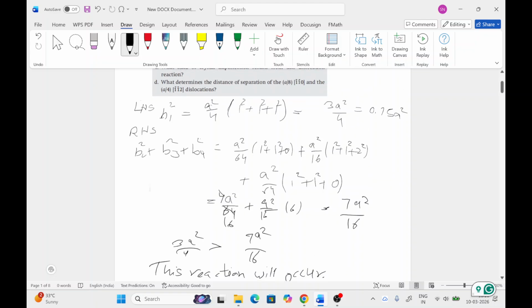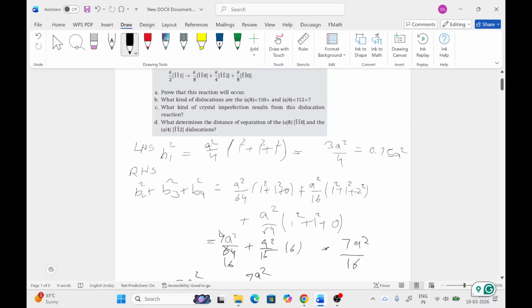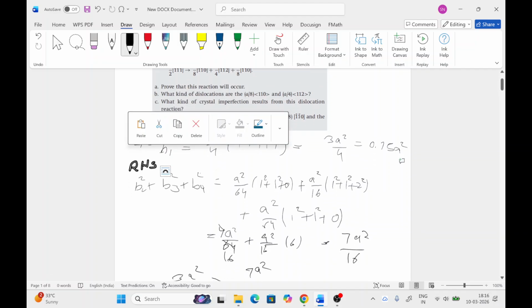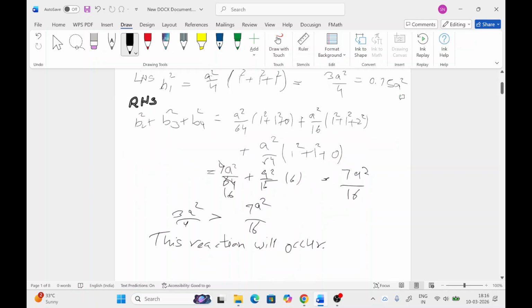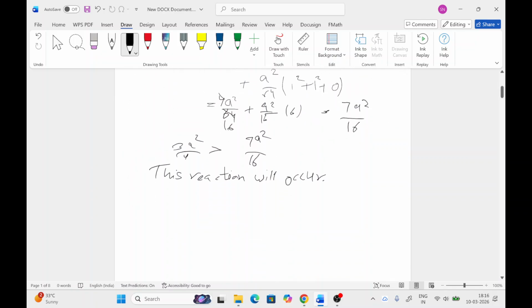Next, we are asked what kind of dislocations are these a/8[110] and a/4[112]. When a dislocation dissociates into smaller dislocations with a small Burgers vector, those dissociated dislocations are called partial dislocations.